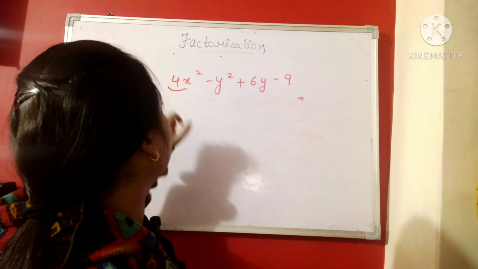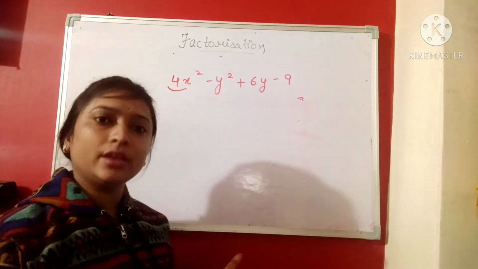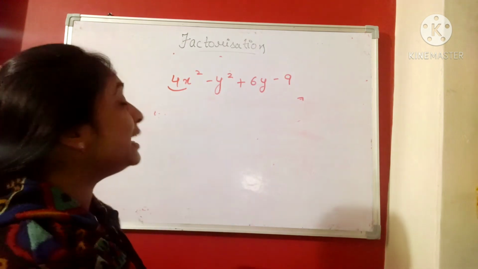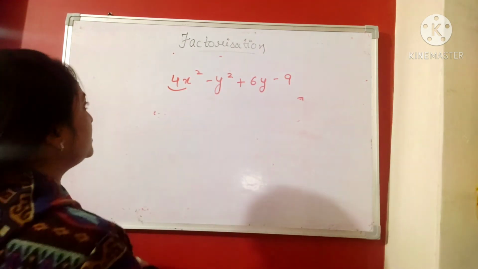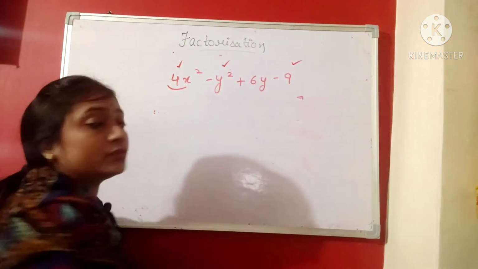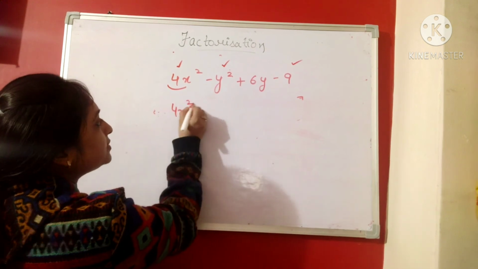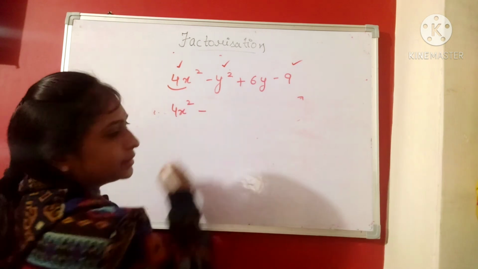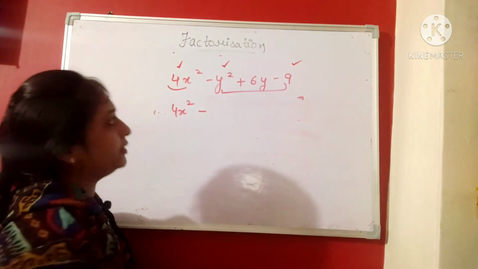Now come to a very interesting question. In this question, see, we have an expression in which we cannot find anything common. We cannot even group the terms, nor are we able to find which identity will be used. In such cases, we see this is a perfect square, this is a perfect square, this is a perfect square. Now, I take 4x square as one term, minus, and I take these three terms together.